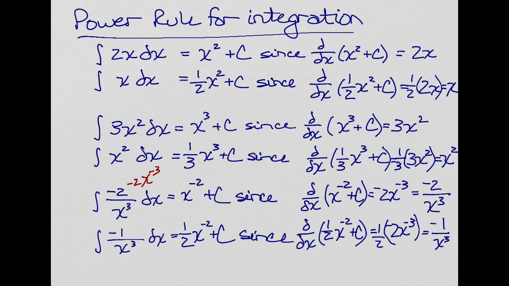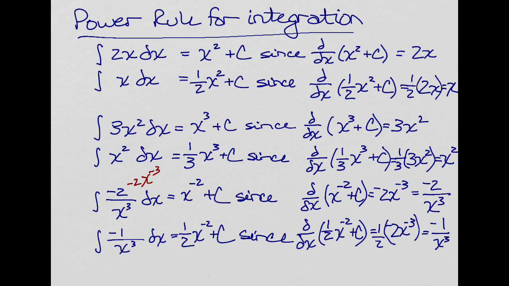Hopefully that makes sense. Since we're taking antiderivatives, the power goes up by 1. When we took derivatives, it went down by 1. The inverse goes up by 1. And I have this 1/2 out in front, which is 1 over the new power. For x squared, power went up by 1, 1 over the new power.